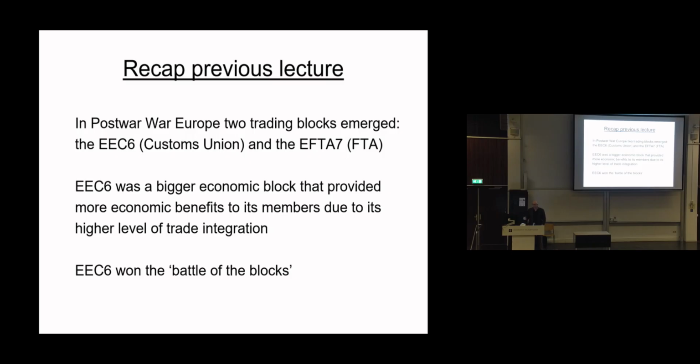Okay, let me briefly recap what we did yesterday. In post-war Europe, there were two trading blocs, the EEC6, which was a customs union, and the EFTA, which was a free trade association.